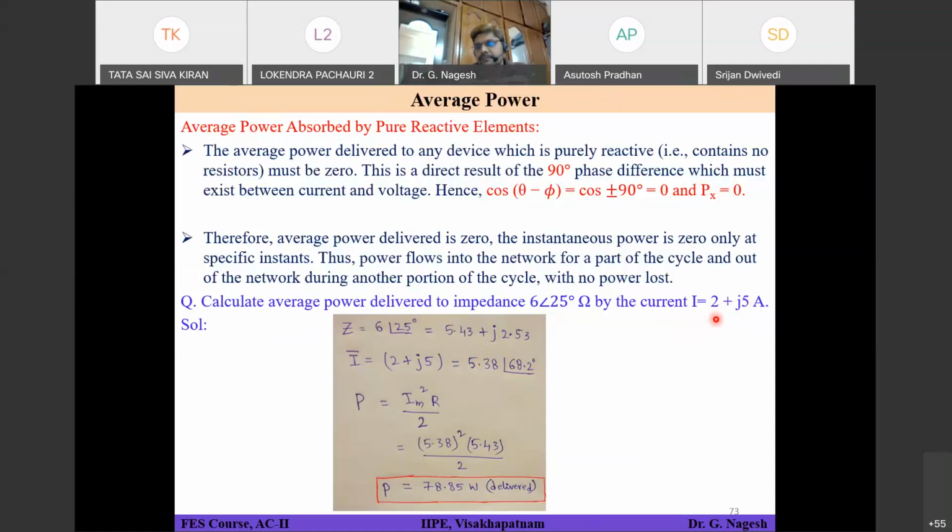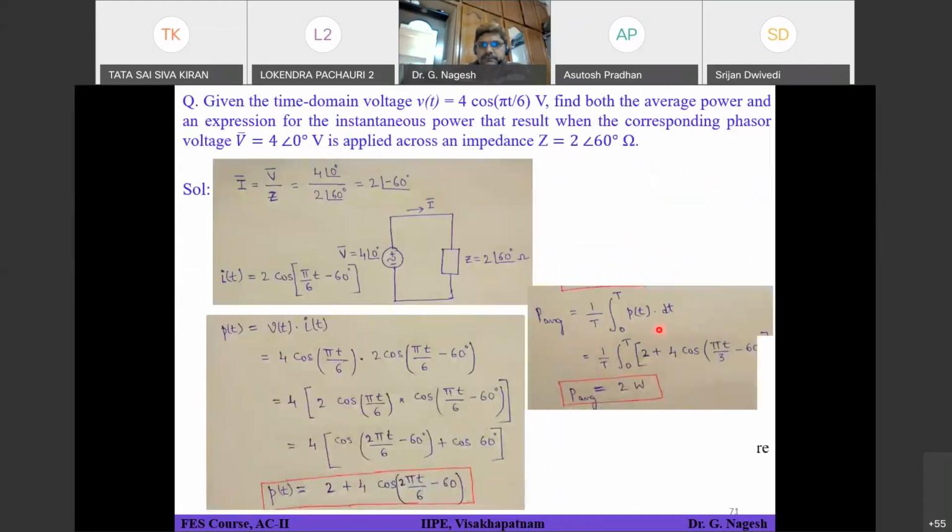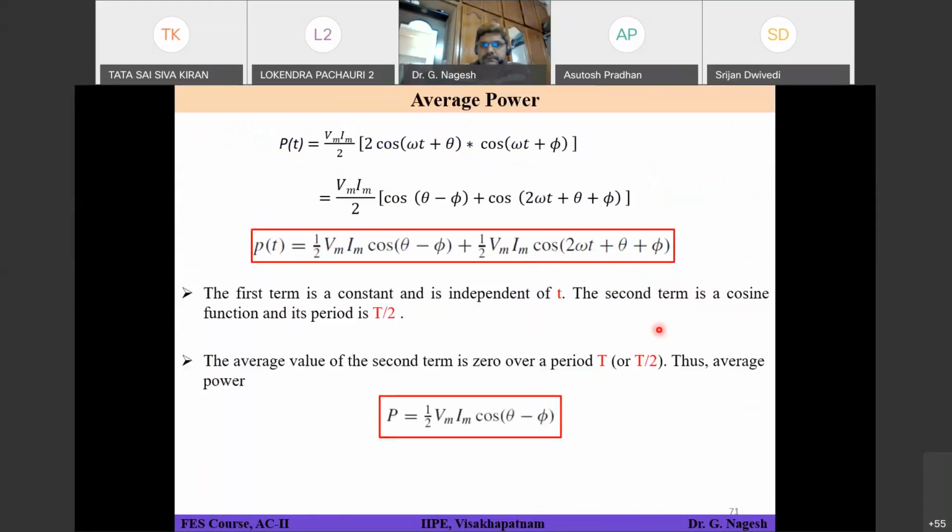Correct, no? Right. But if you see in the previous expressions, when we calculated average power for the general voltage and current expressions, I have not specified what is the time period t value. I have simply integrated between 0 to t, and your second term has become 0. If you see here, yes, sir, I remember, sir. Yeah, this one, right?